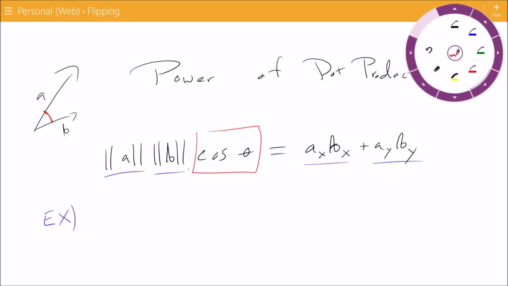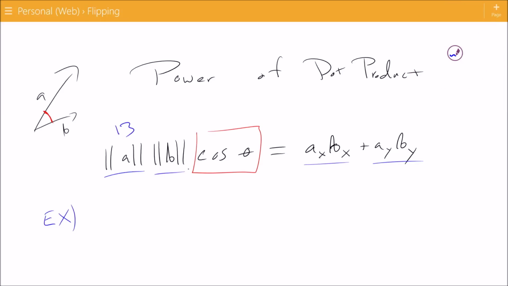So let's put it into play. Again, I'm going to use the same information I had from before. My magnitude of A is 13, and we said the magnitude of B was 5. Let's say we don't know the angle between the two.